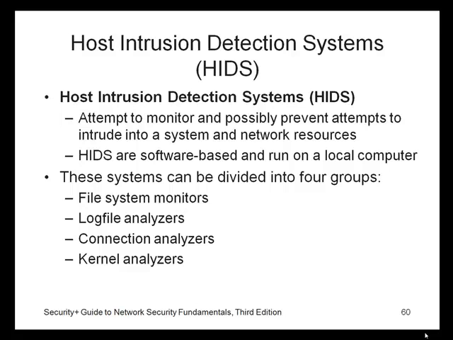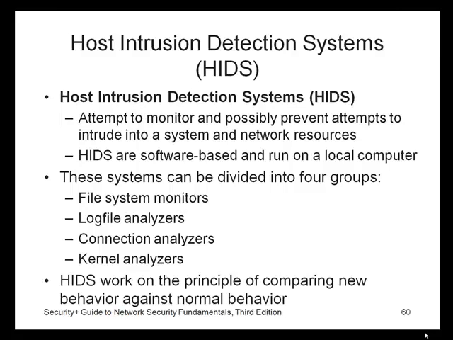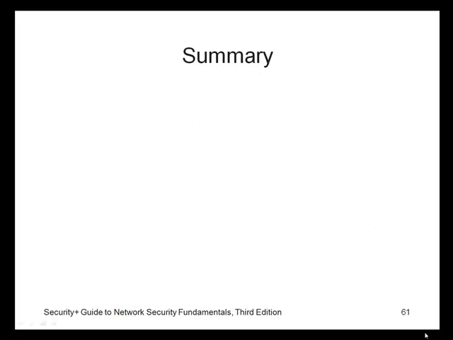So the log analyzer looks for things that have happened that have been logged that we might not have seen or just didn't do the log analysis. It works on the principle of comparing new behavior against normal behavior, so normal has to be defined. Again, this is another system that has definitions, and you can write your own, but they have to be kept up to date. And they have new definitions that come out on a regular basis.